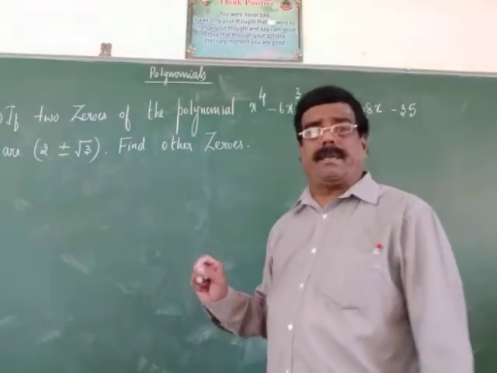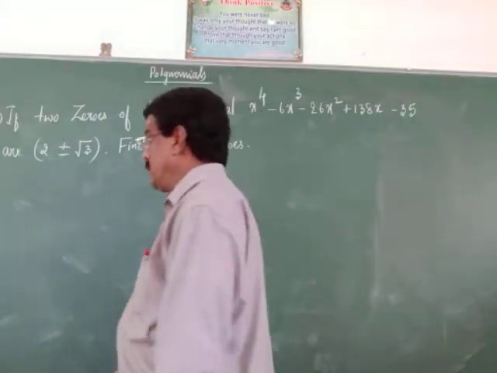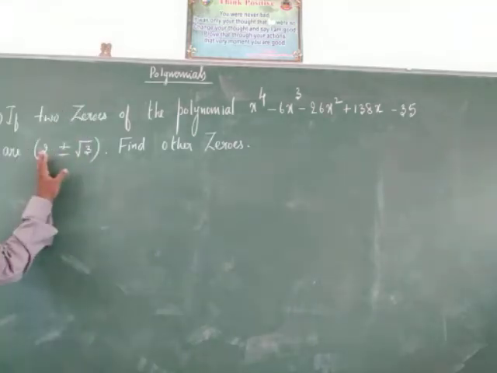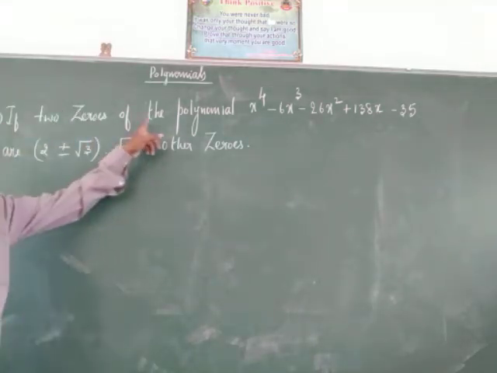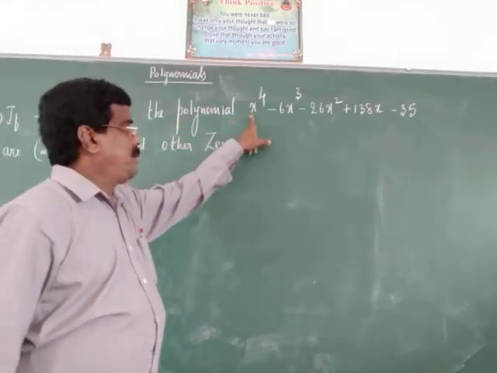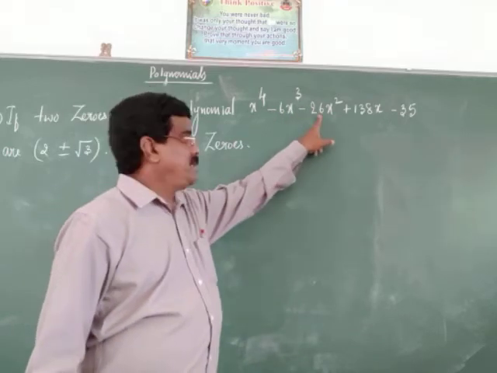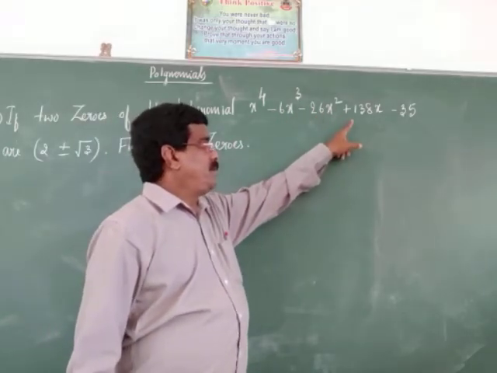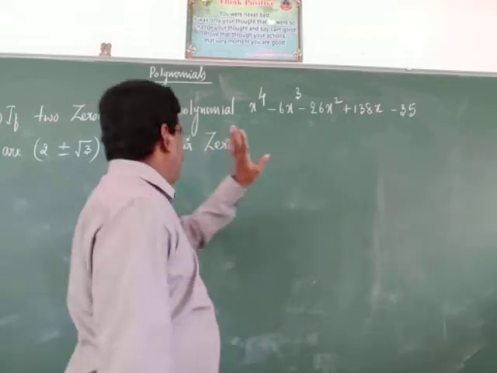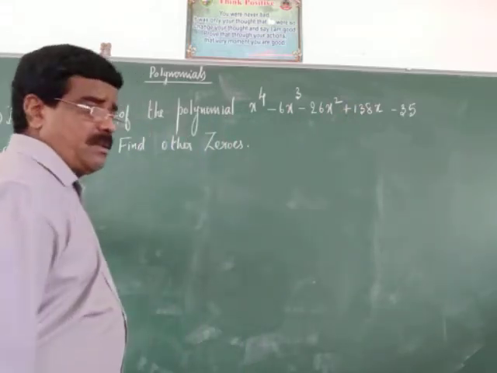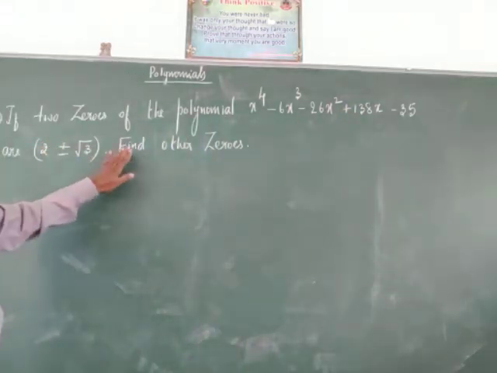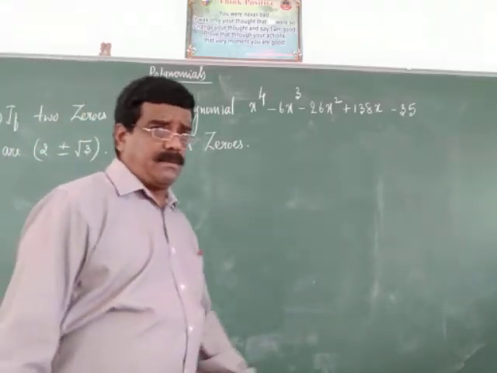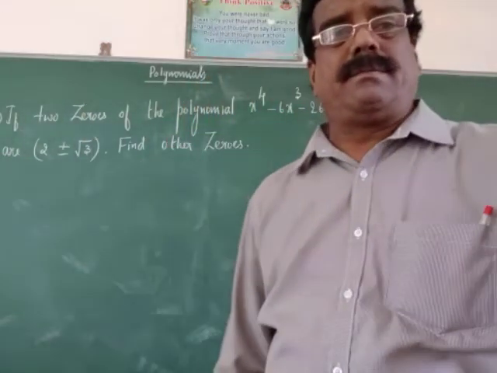No change in the method, but you must learn how to do that. It's given here, if two zeros of the polynomial x to the power of 4 minus 6x cube minus 26x square plus 138x minus 35 are 2 plus or minus root 3, find the other zeros. This is the question given.